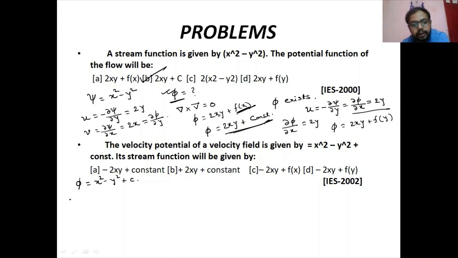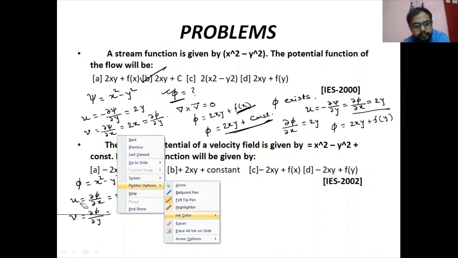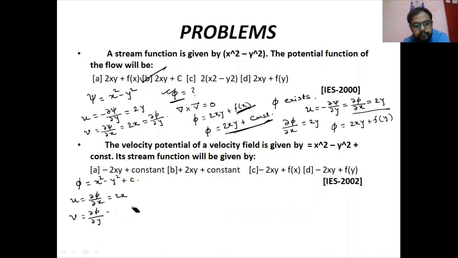Now, u is equal to d phi by dx, v is equal to d phi by dy. So that is minus 2y. You are getting u and v.